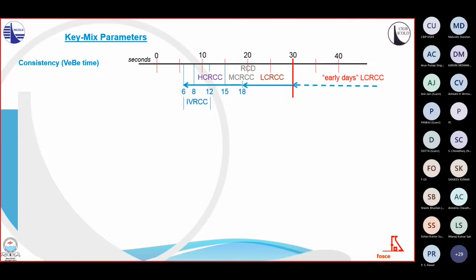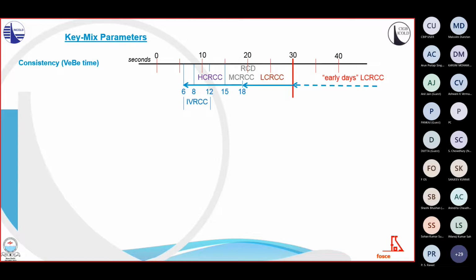Today, these mixes grouped as LC-RCC are, in general, designed for VBs below that value of 30 and down to, say, 18 seconds. As has been mentioned before, when talking about materials, the need to control segregation is the main reason behind this modern trend of LC-RCC mixes.